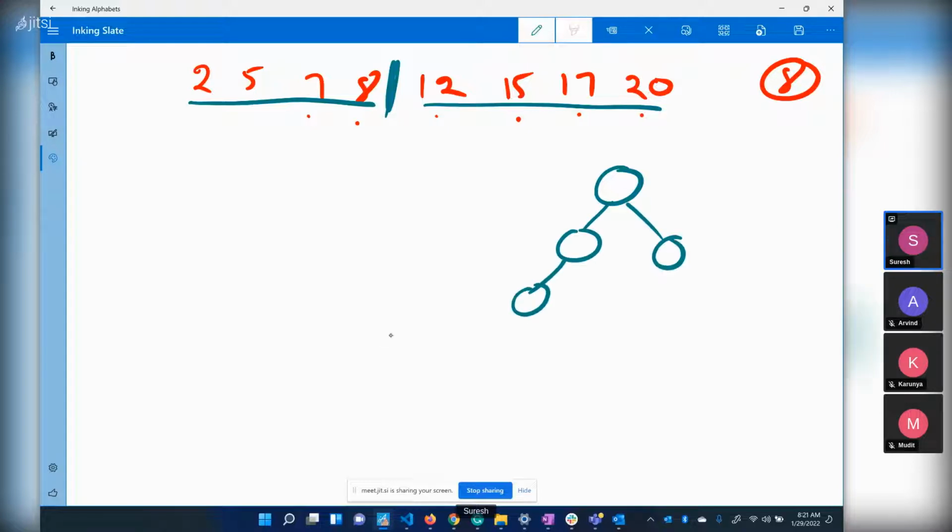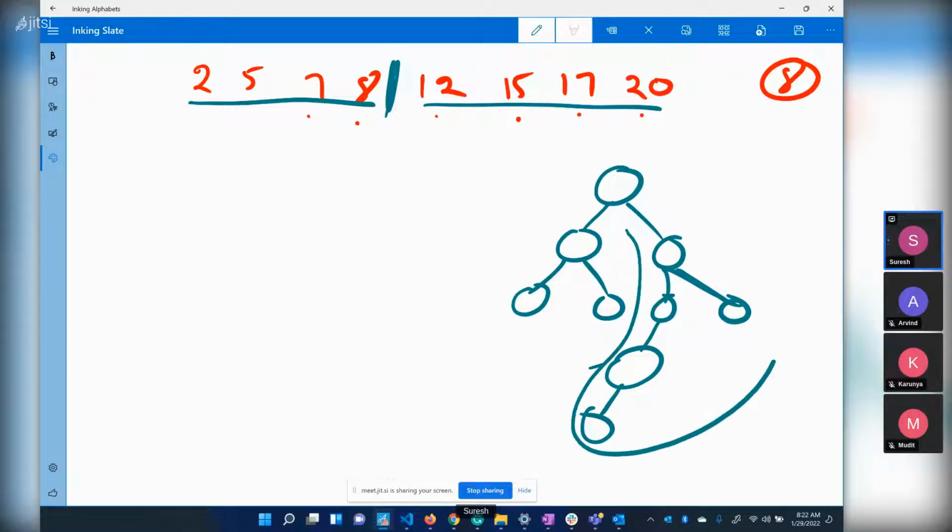So let's say this is balanced. Let's say you just added one more. This is also balanced, because you just added one level. It's almost balanced, right? But if you add another element like this, then it is not balanced, because you are adding more and more to the right side.